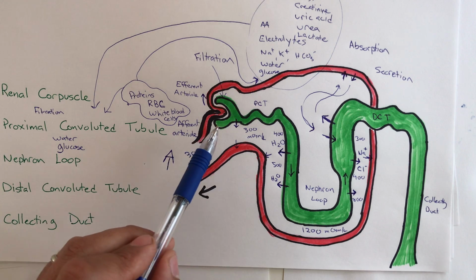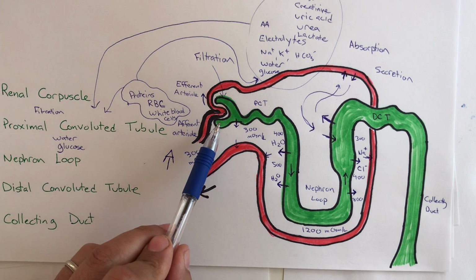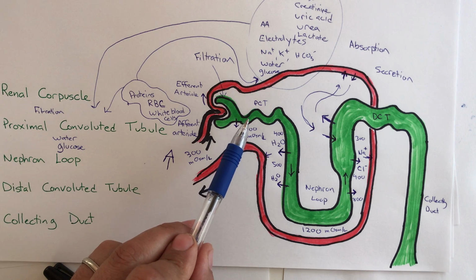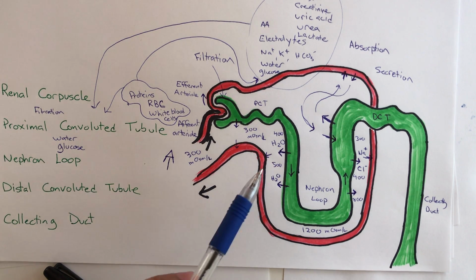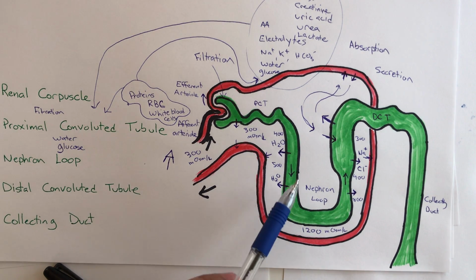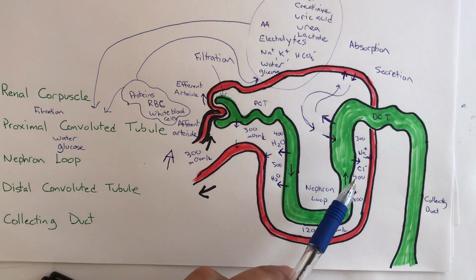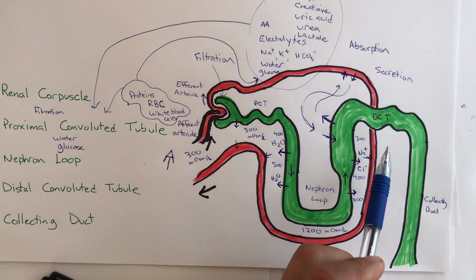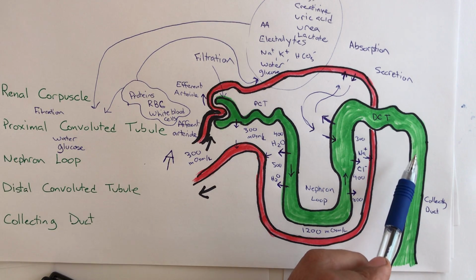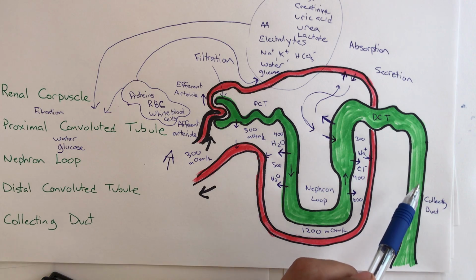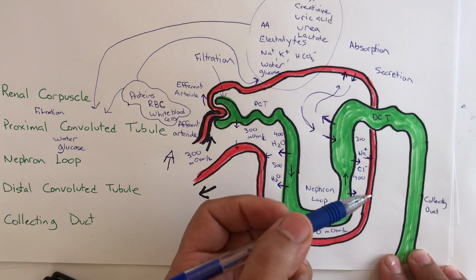So we now know what occurs in the renal corpuscle. We know what occurs in the PCT. We know what occurs in the descending limb of the nephron loop and the ascending limb of the nephron loop. Now we have two parts left. What occurs in the DCT and what occurs in the collecting duct?